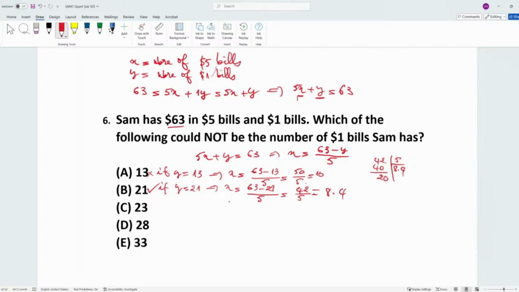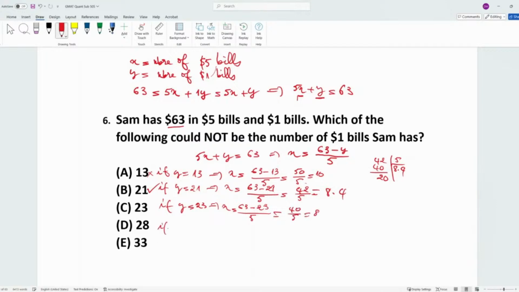Okay, and even if you try with the rest of the answer choices, you'll find out that all three of the rest here are going to give us a whole number. Let's continue. Let's say if y is equal to 23, then x is equal to (63 minus 23) over 5, which gives us 40 over 5, which is equal to 8.